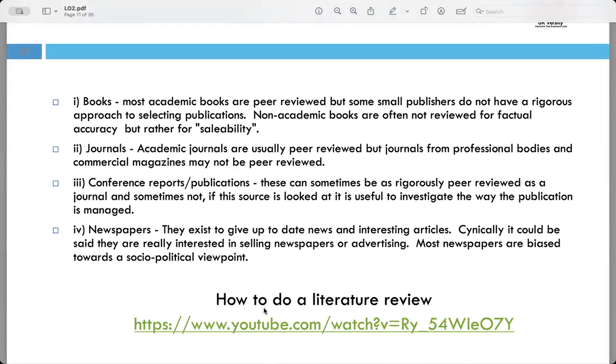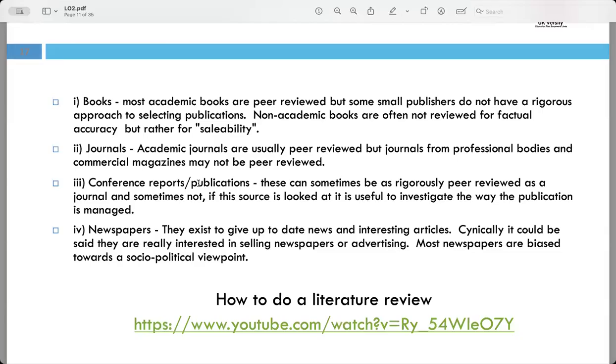When writing your literature review, it is important to choose your sources wisely. Not all information is equally reliable. Here you can see some good places to start: books, journals, conferences, newspapers.